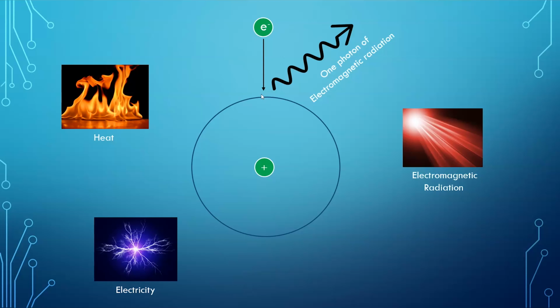The interesting thing about the atoms is when the electron goes back to the ground state, the energy is always released in the same way, and that is electromagnetic radiation. Every time one electron falls back to the ground state, we release one photon of electromagnetic radiation. A photon is like a piece or a particle of electromagnetic radiation.